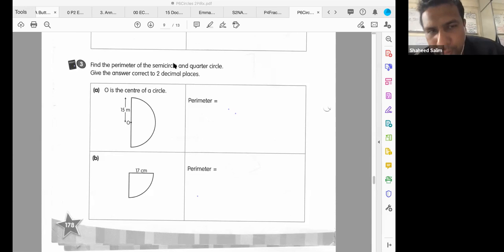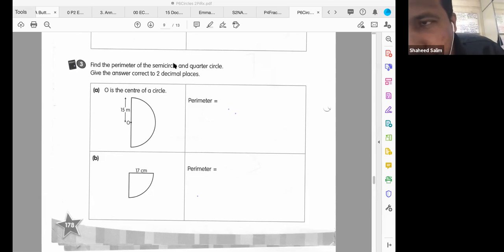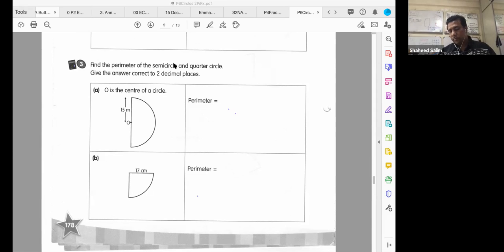Congratulations. What's the unit? Meters. Can you try B now? Ilhan, are you there? Okay. You try question 3B, using pi to be 3.14. Okay, this one you need to master because circles are very important.